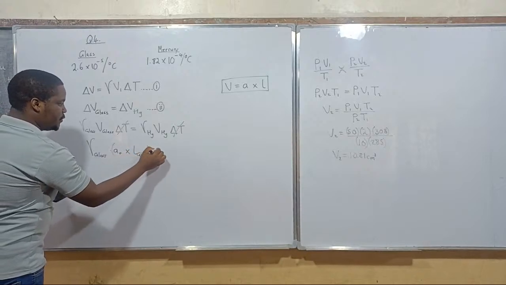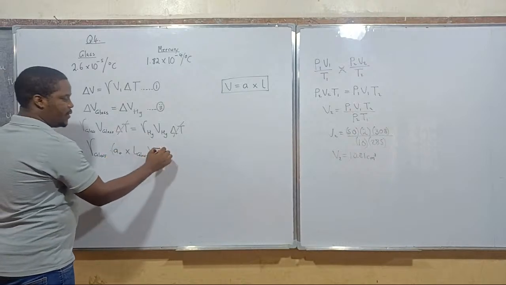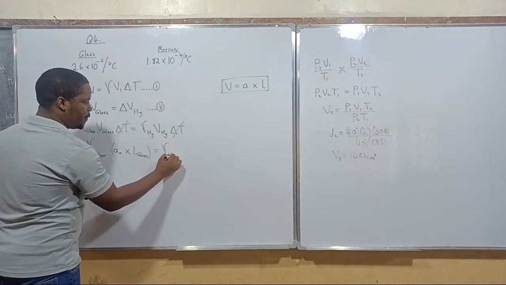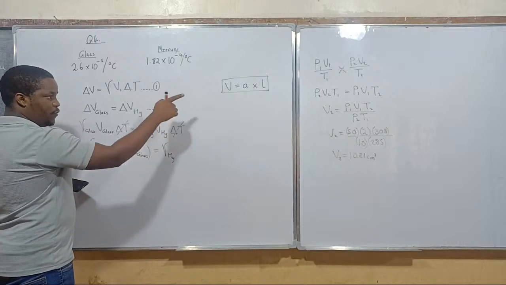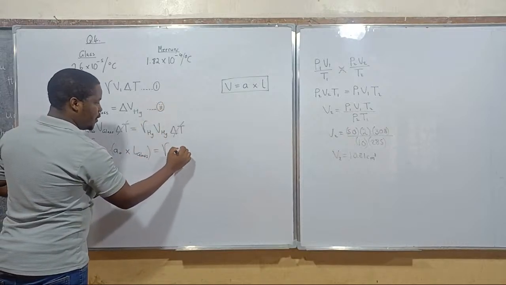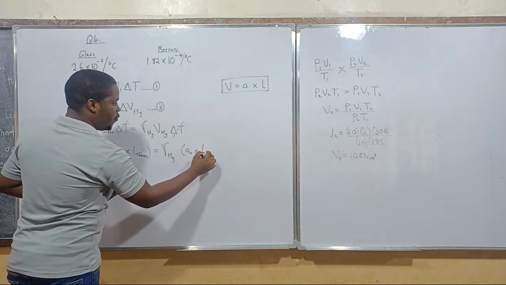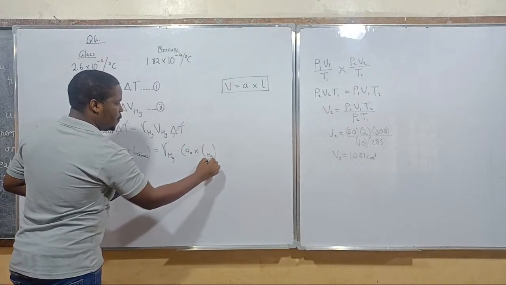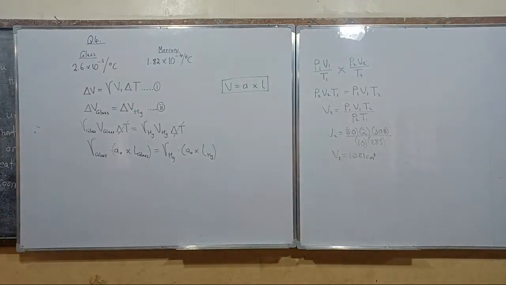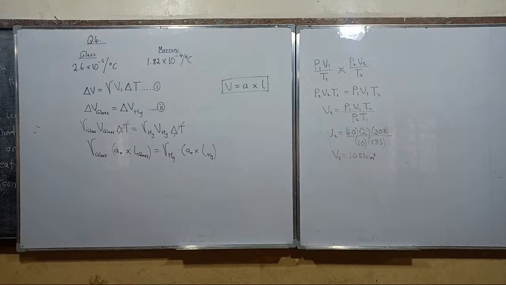Okay, so we do it like this. This is equal to gamma for mercury times the volume for mercury, which we substitute with surface area multiplied by the length of that particular mercury, like that. Okay, I hope we're following it. Then how do we proceed from there?